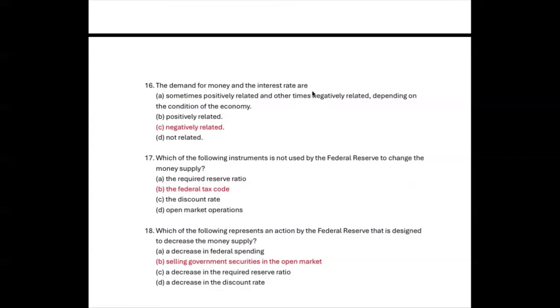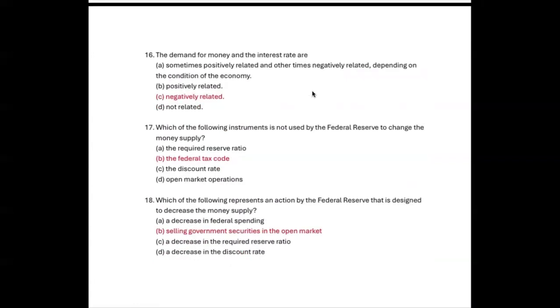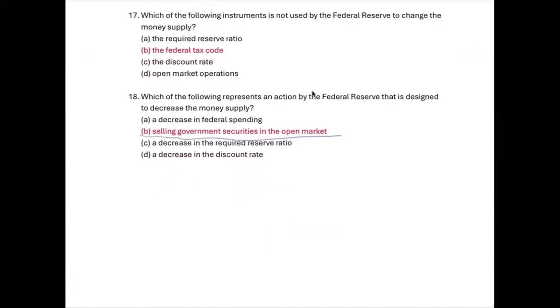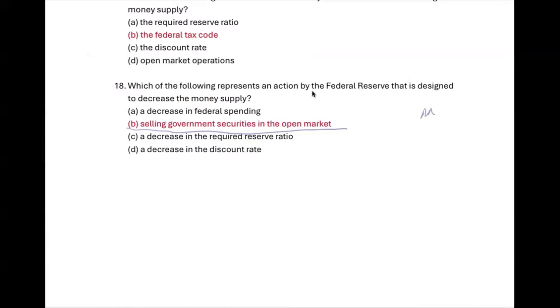And the last question, which of the following will decrease the money supply? So I'm going to tell you why it decreases the money supply. Suppose in the market, people are holding this amount of cash, right?